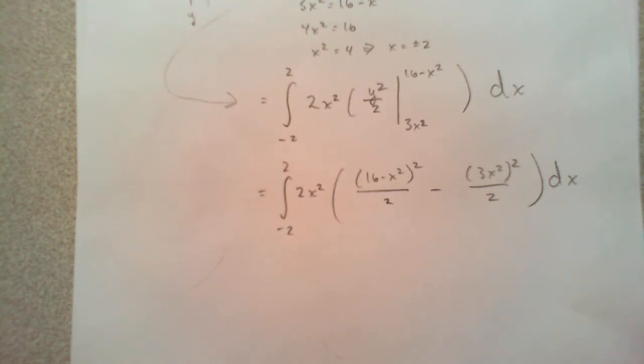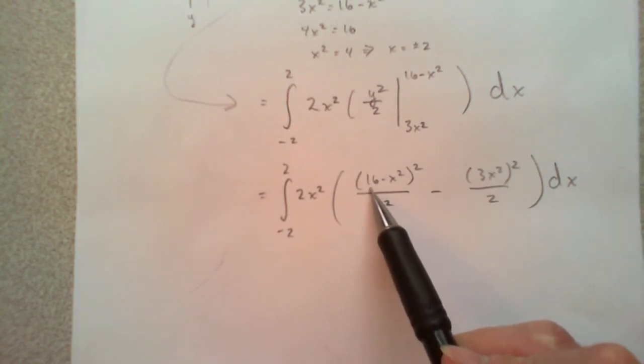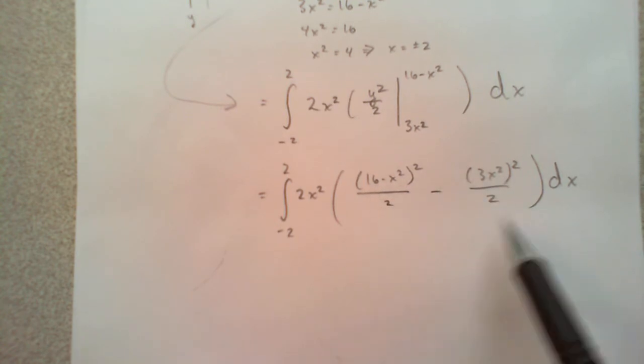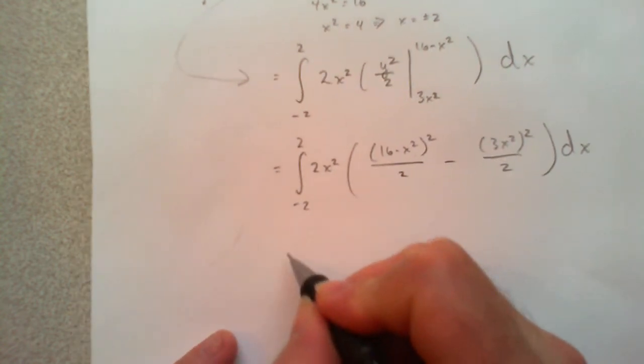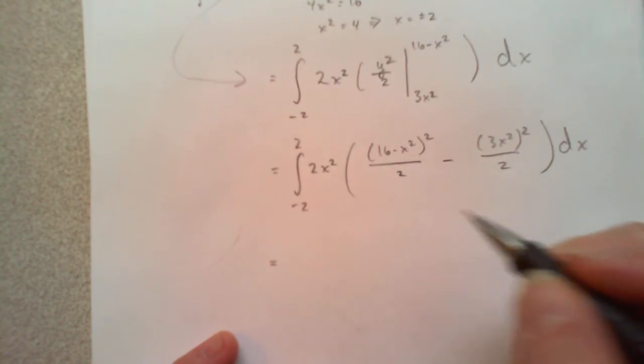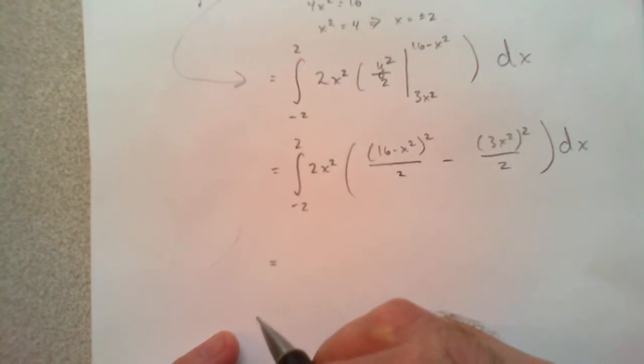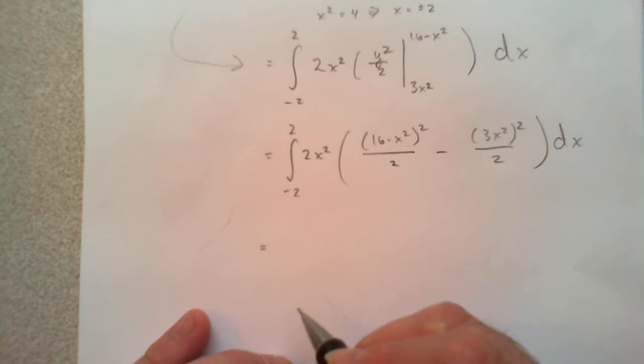So I would suggest using some kind of algebra system that will allow you to open this whole thing up. Otherwise I would have to sit here, FOIL this thing open, and clean up all this stuff. I actually did use a computer system to clean this thing up, because I just didn't want to do it.